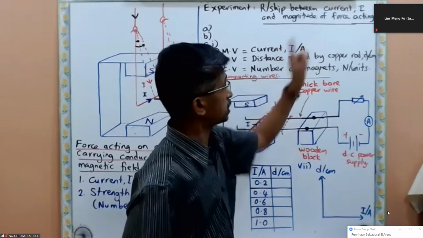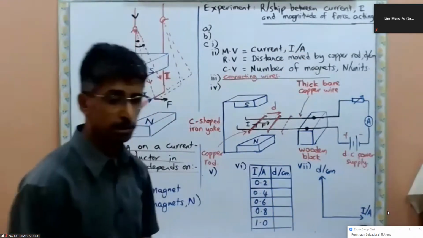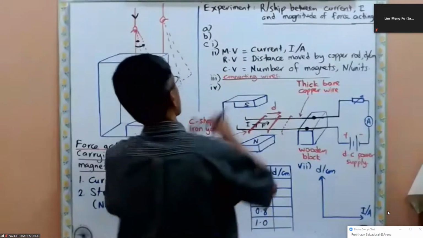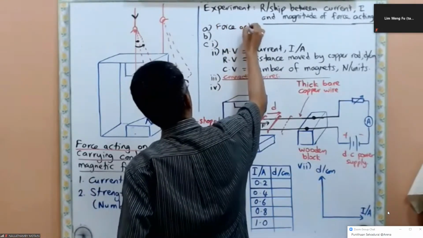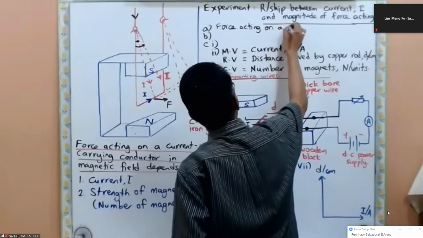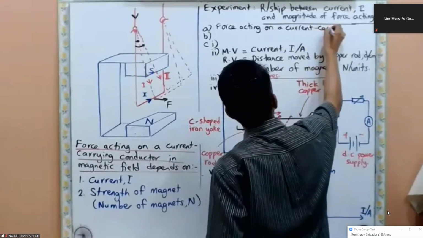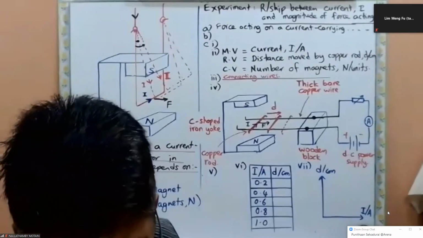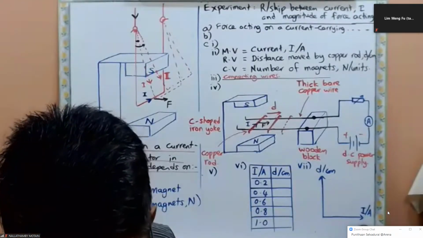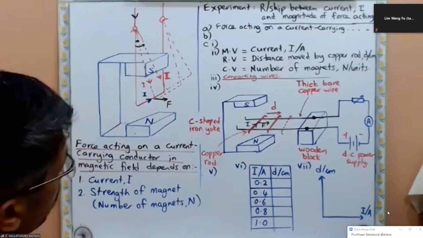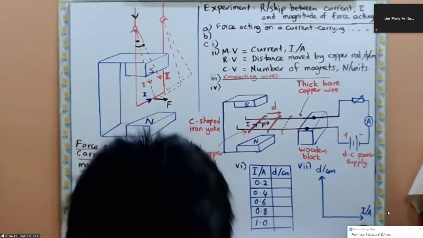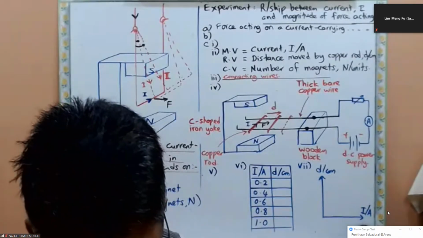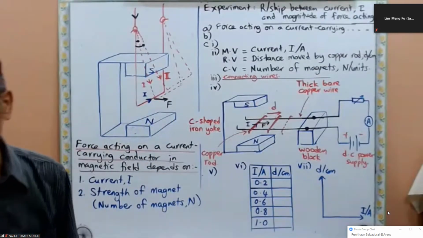Or you can write this: force acting on a current carrying conductor depends on magnitude of current.